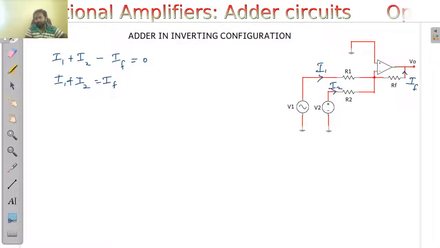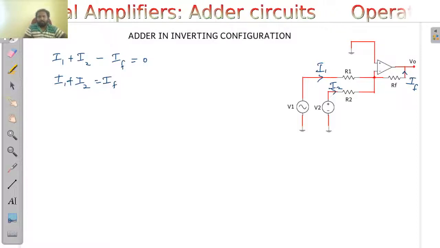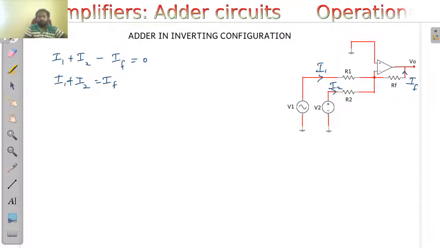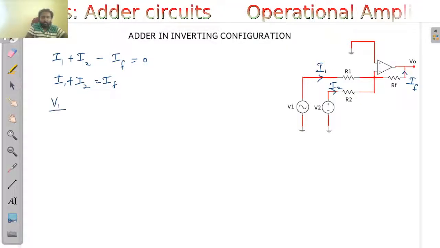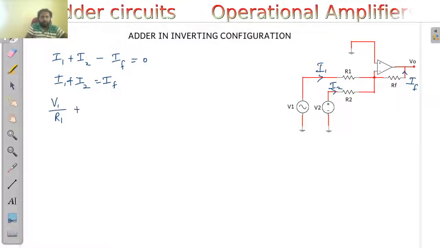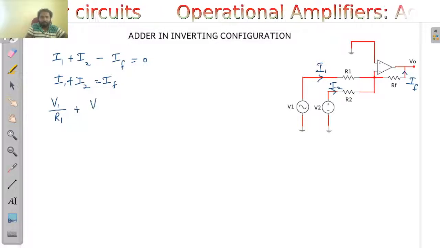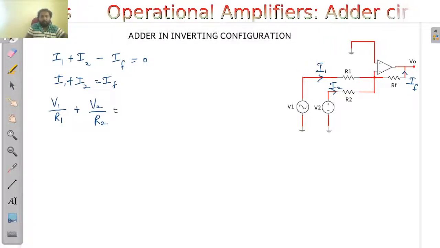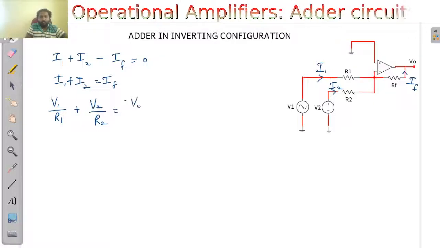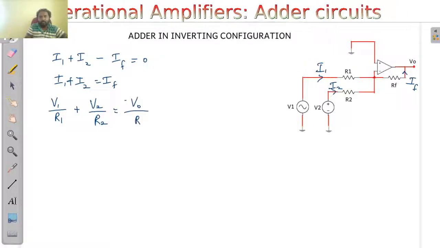I should write the currents in terms of voltages and resistances. So I1 will become V1 by R1, plus I2 equal to V2 by R2, which is equal to IF. IF is minus VO by RF.